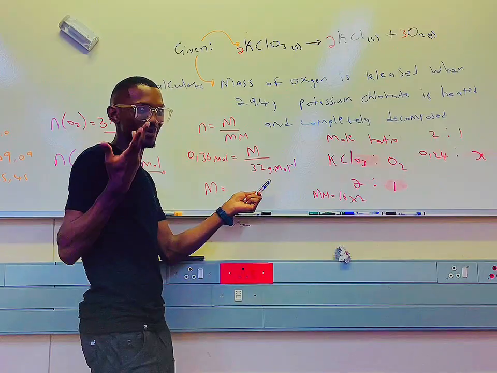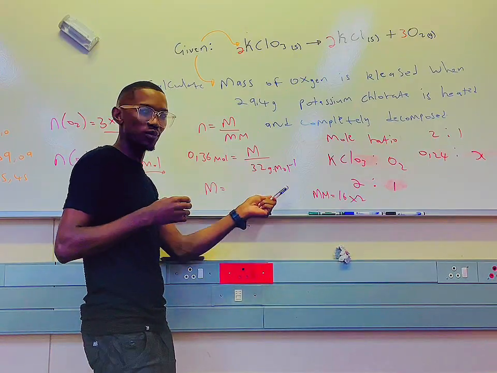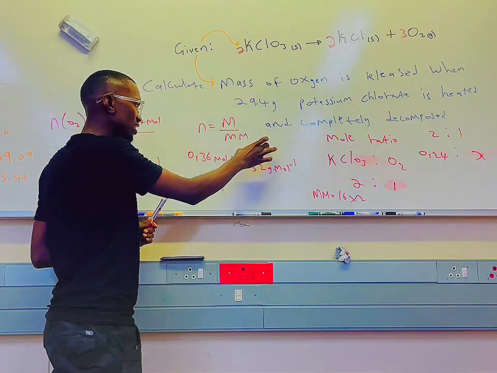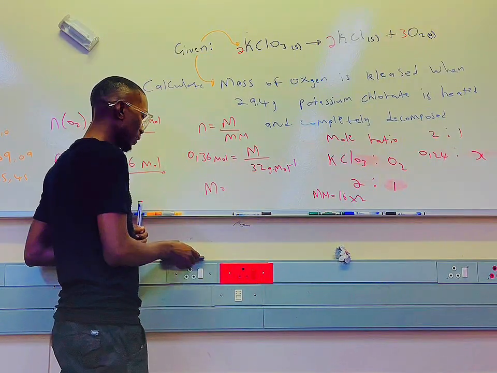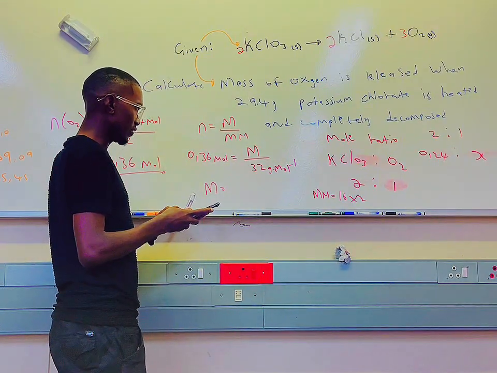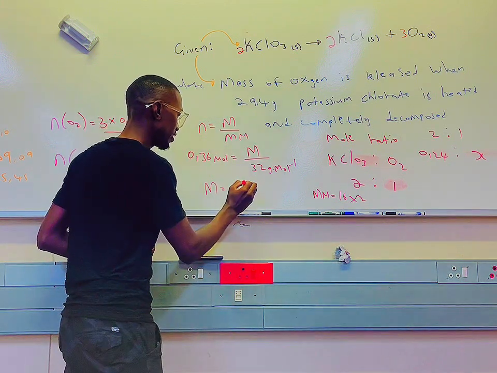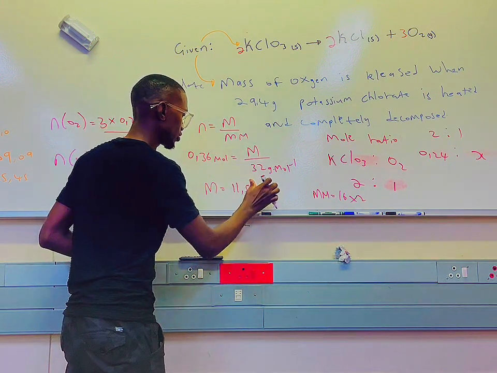Mathematically, you need to cross multiply both sides by the same 32 grams per mole, which will end up having the mass alone, and these two will multiply each other out, which will end up having 11.52 grams.